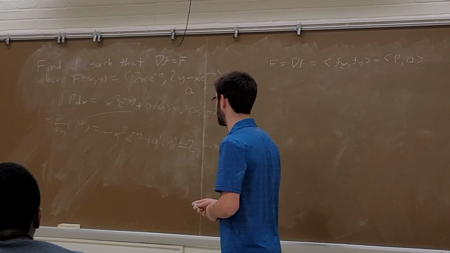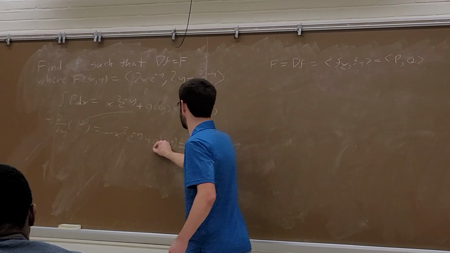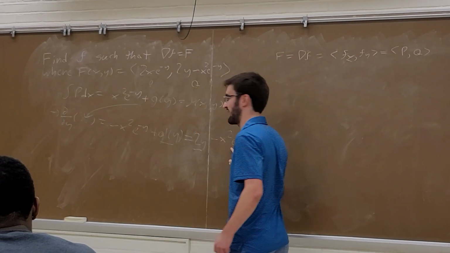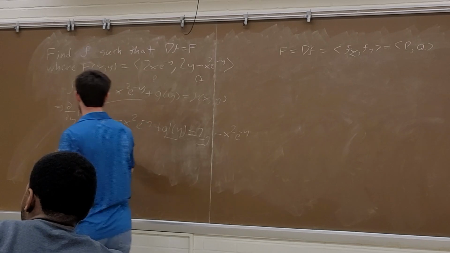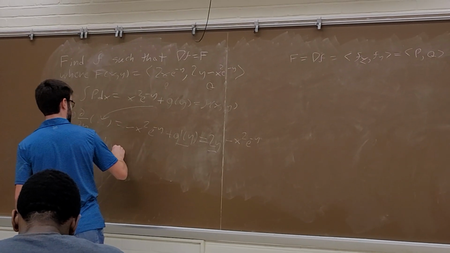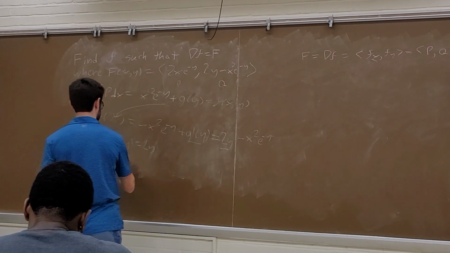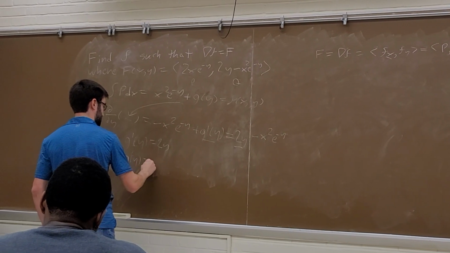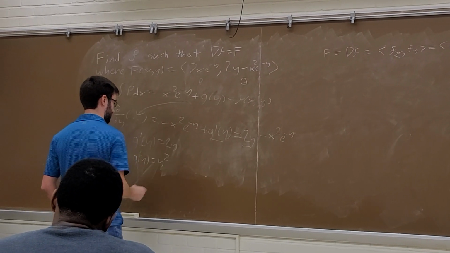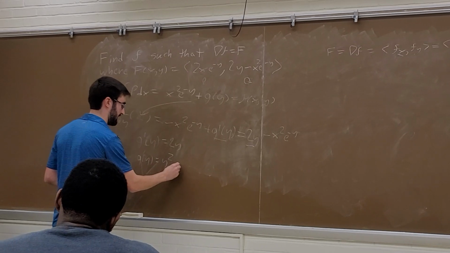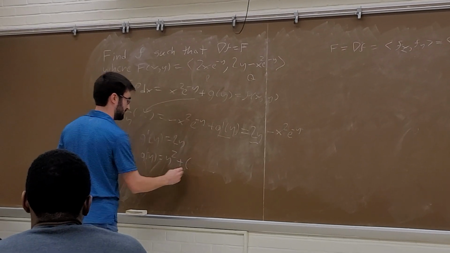So this implies that g prime of y has to equal 2y, because you see the other two terms match. So g prime of y equals 2y, then g of y is just equal to y squared plus c.